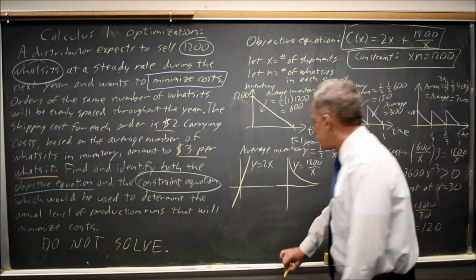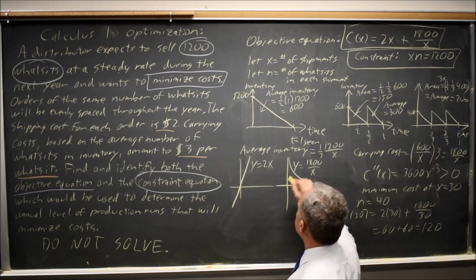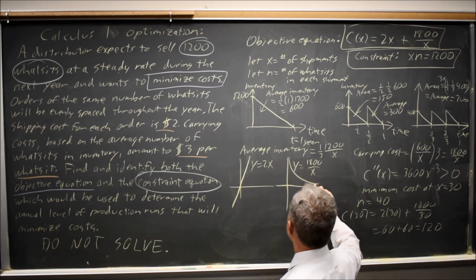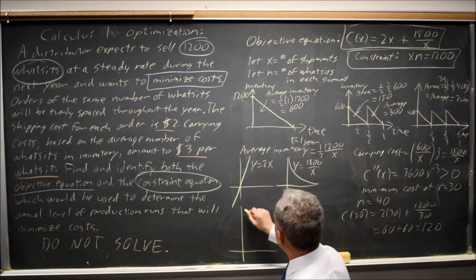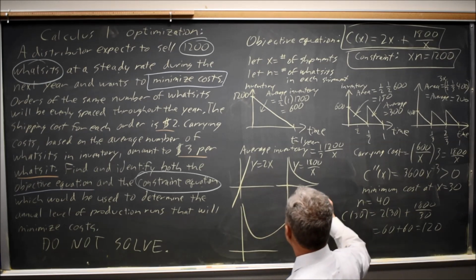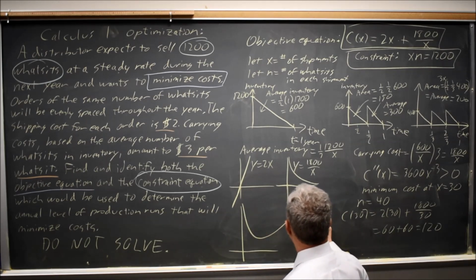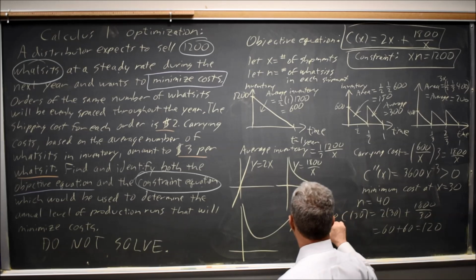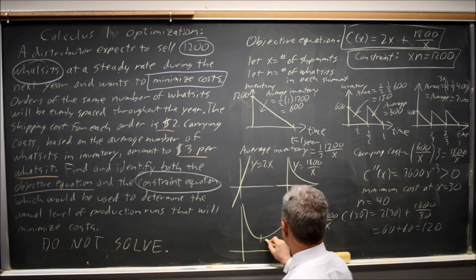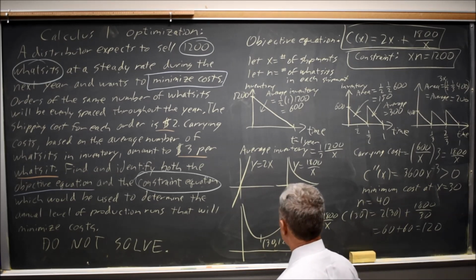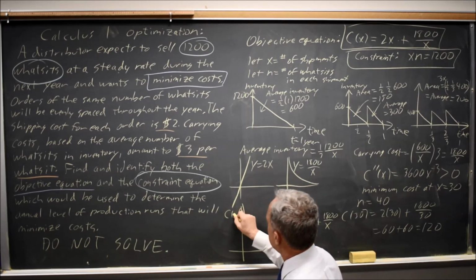If I add these two, I have something with a vertical asymptote at 0 that goes to 0, and I'm adding it to something that's just sloping upward. The combination should look something like this. y equals 2x plus 1800 over x looks like this curve, and it does have a minimum, and we just found that should be at (30, 120), where my horizontal axis is x and my vertical axis is C of x.